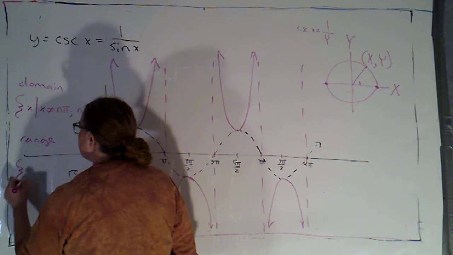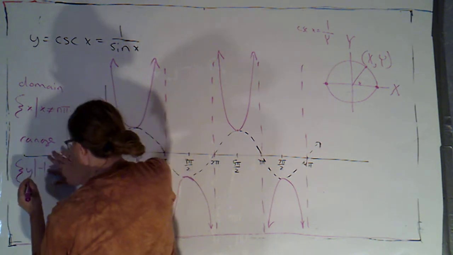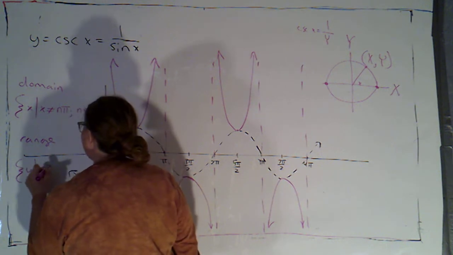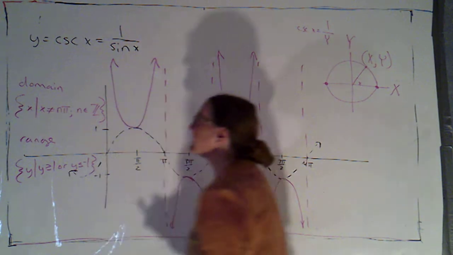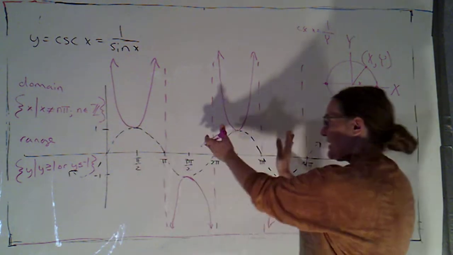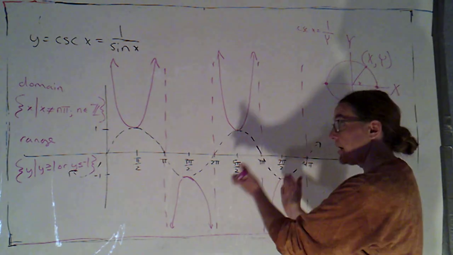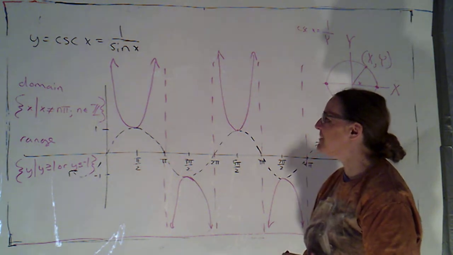So the range is the set of all y values such that y is bigger than or equal to 1, or y is less than or equal to -1. So this is information that we had previously, but here's a nice way to see another way of remembering that and just confirming that we did in fact have that information right.